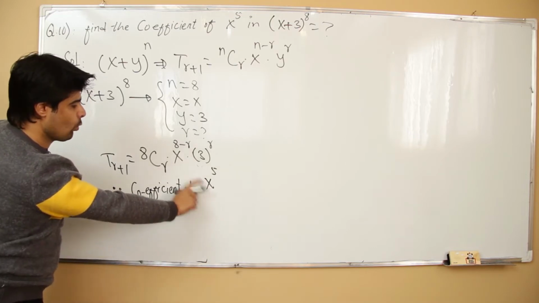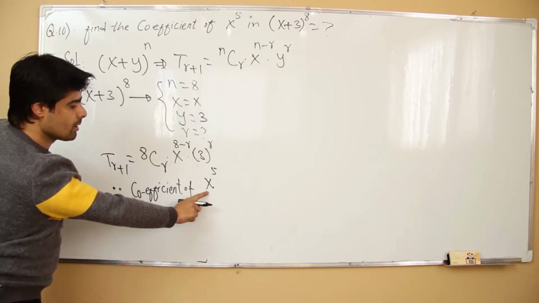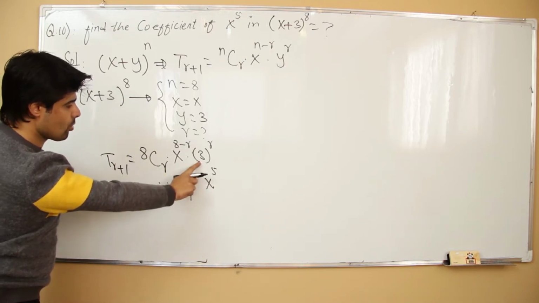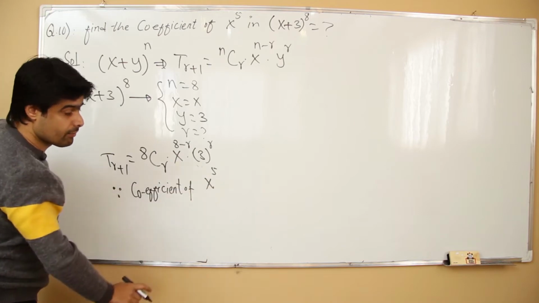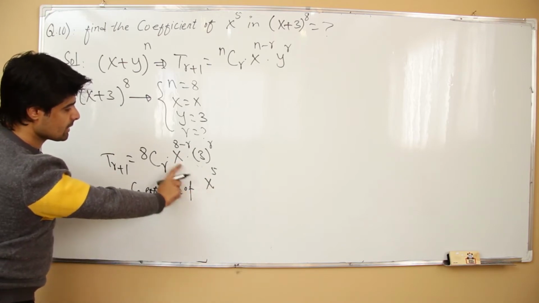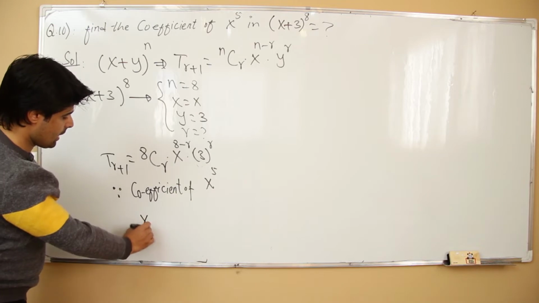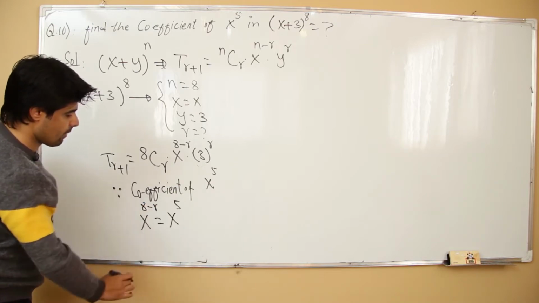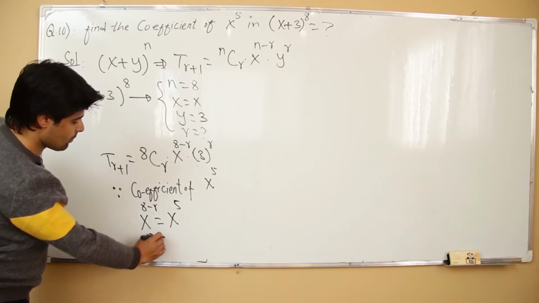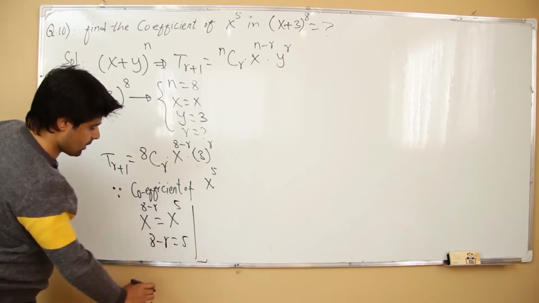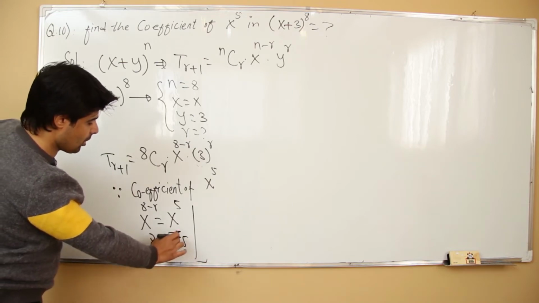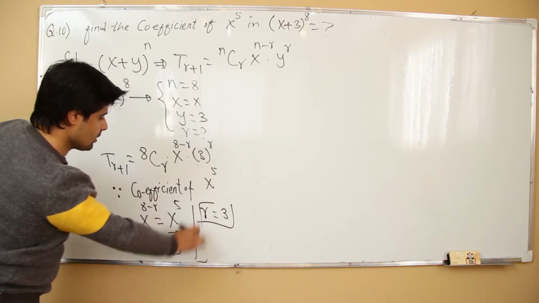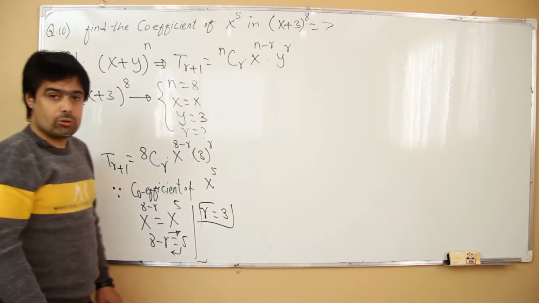Now this x with this x should be same. The remaining part is the coefficient for x to the power 5. X to the power 8 minus r should be same as x to the power 5. The bases are same, so the powers must be same. 8 minus r is 5. You put r to the right side and 5 to the left side, then it is 3. Now you have found r equal to 3.